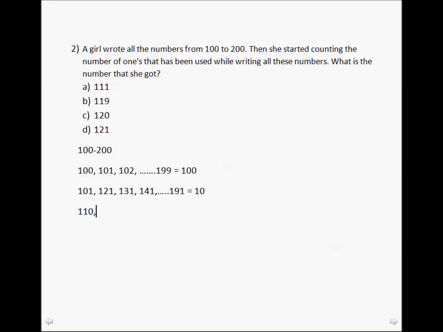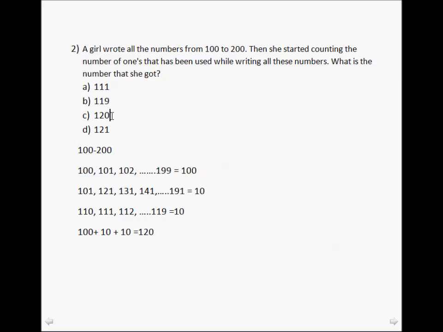Then we are checking the ones place. When is the ones place 1? So this is checking the ones place 1. Now we are checking the tens place 1. So when is the tens place 1? 110, 111, 112 up till 119. How many numbers? 10. So total would be 100 plus 10 plus 10, which is 120.